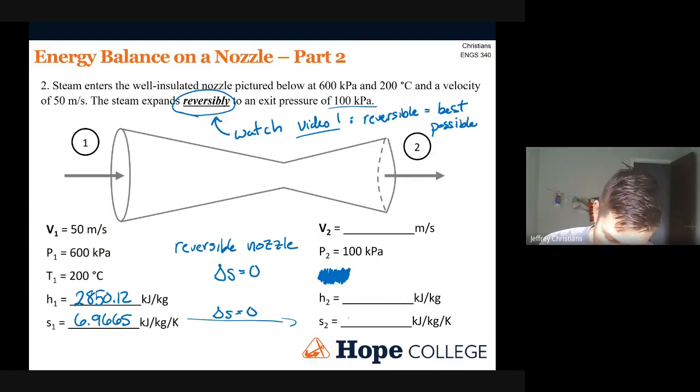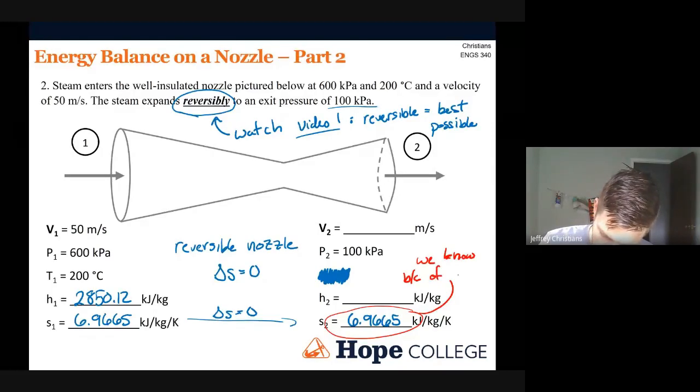So we know that the final entropy is 6.9665, because of the process that's happening.